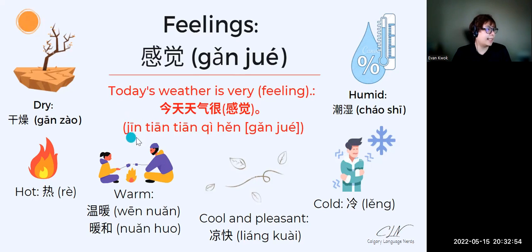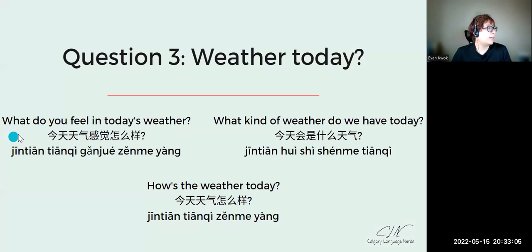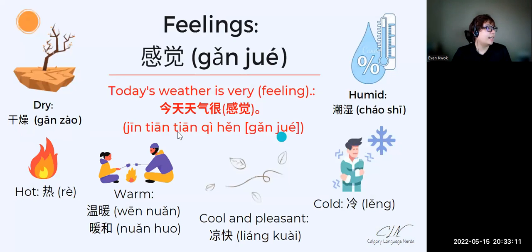To respond, we'll say 今天 is today, 天气 is the weather, 很 is very, and then you say the 感觉. So for example, if someone asks 今天天气感觉怎么样? Let's say it's cold today. We'll say 今天天气很冷. That will be how you respond for feelings.